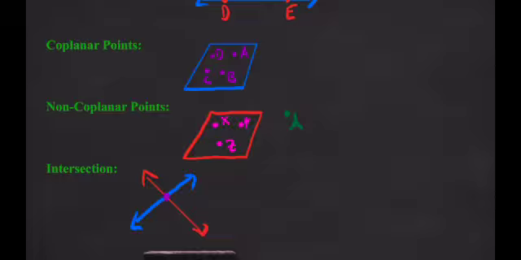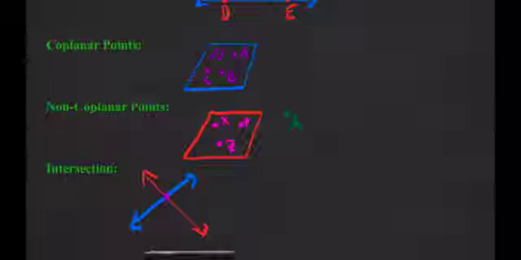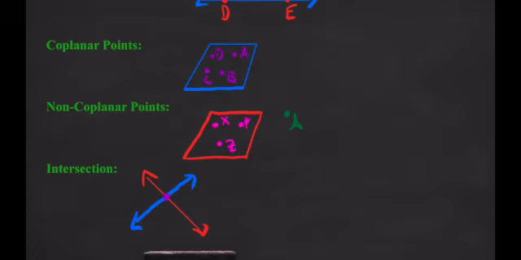So whenever 2 lines cross, we get a point. If we have 2 planes that cross, the intersection is a line. An intersection is all the stuff that the objects have in common. These 2 lines have that 1 point in common. Just that 1 point.